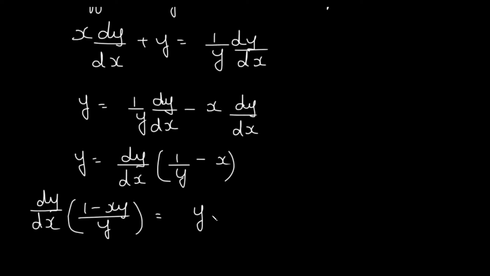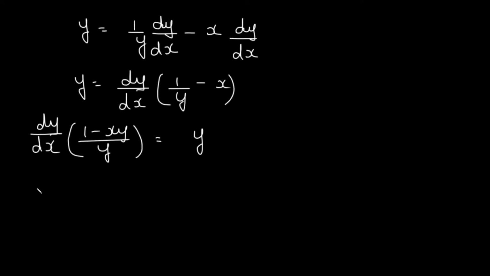Now we take y on the RHS. Depending upon what we want to prove, we take y on the RHS. So therefore we get dy by dx into (1 minus xy) is equal to y square.